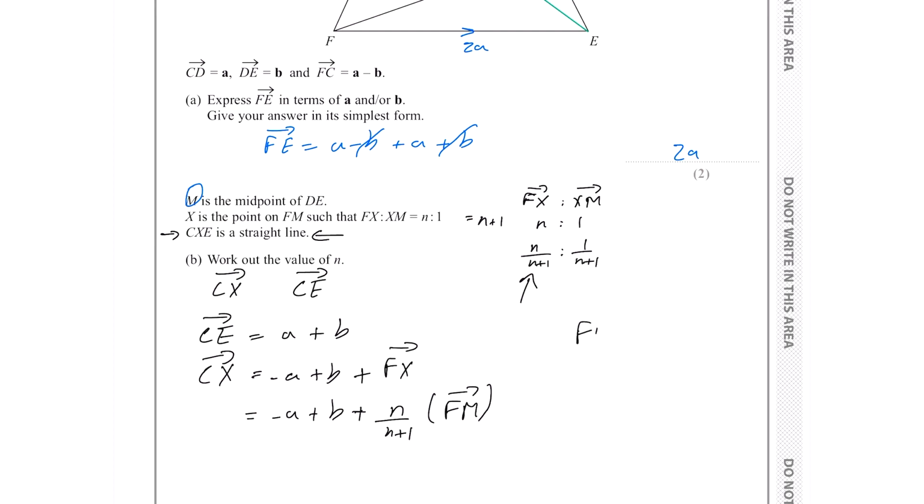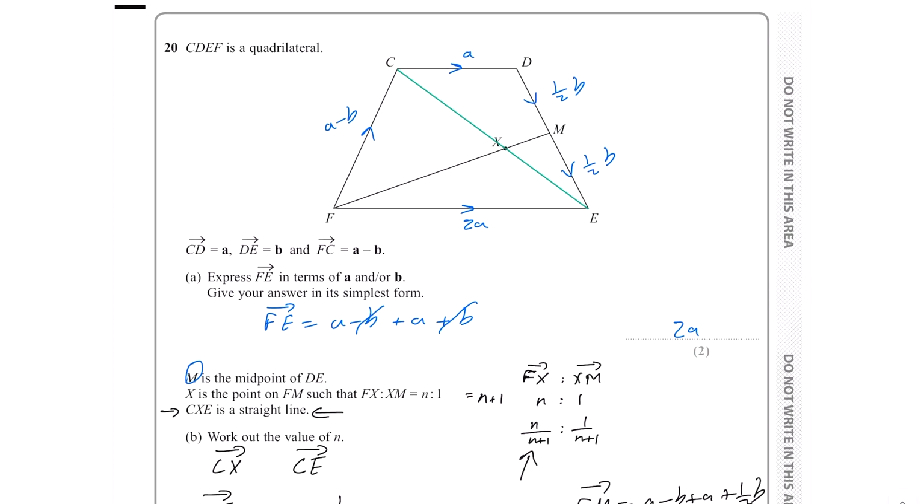So I can do that on this side here. To go from F to M, it's going to be A minus B plus A plus a half B. And that simplifies to 2A minus a half B. So just to recap that, so to go from F to M, I've just gone there, there, and there. You could have even done this way. That would be easier. So it'd be 2A minus a half B if you just went this way.